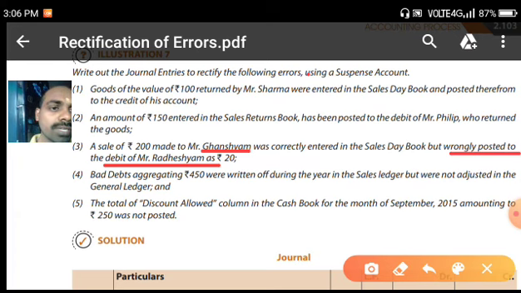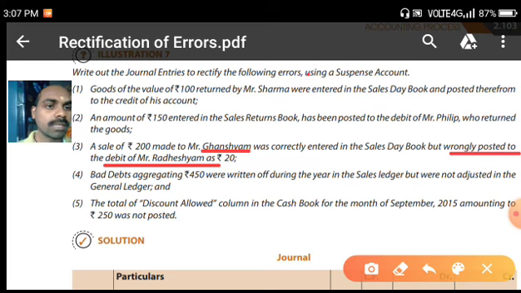So now we need to rectify this. Radheshyam was debited with 20, now we need to credit Radheshyam. And Ghanshyam was not entered correctly, so now we need to debit Mr. Ghanshyam account. Ghanshyam account debit to Radheshyam, and the remaining will be suspense account.